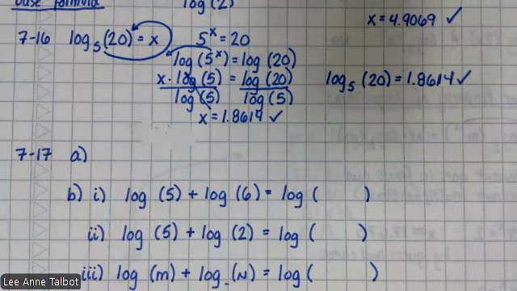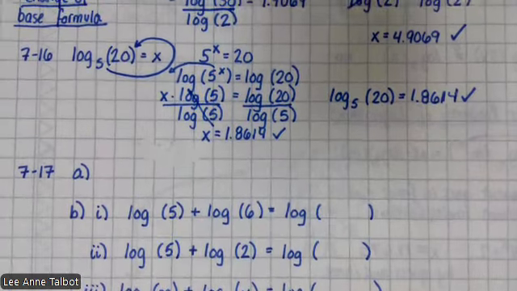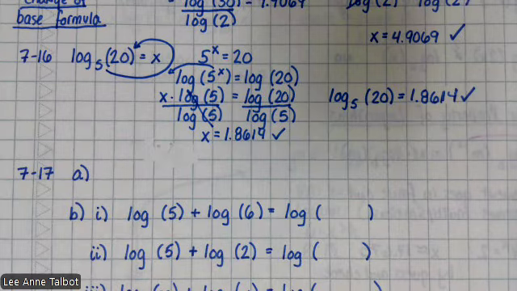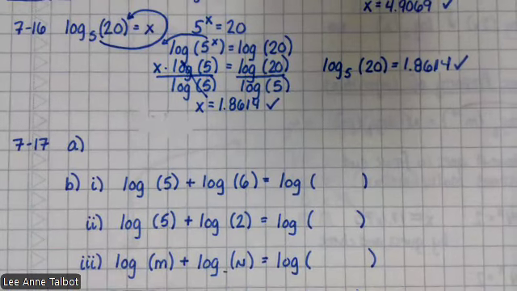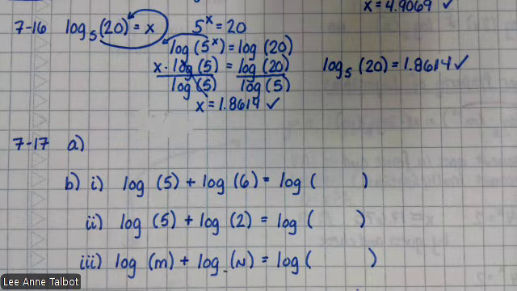Are we in agreement? 1.8614? Yeah. What's wrong? Oh, we need 5.2.